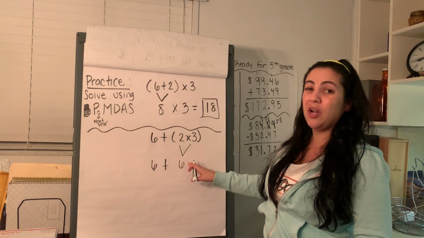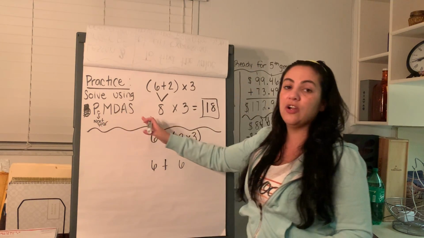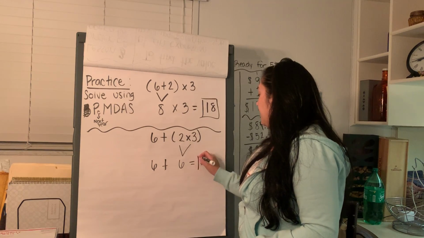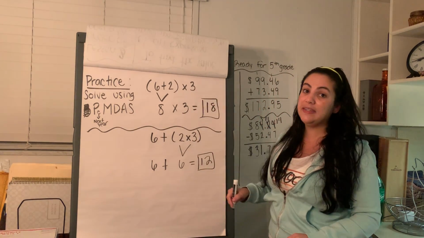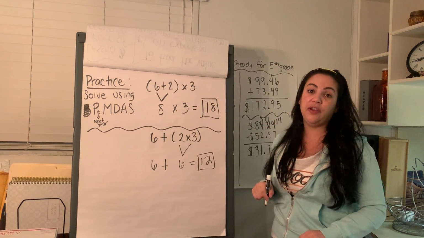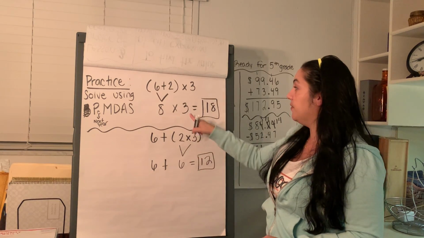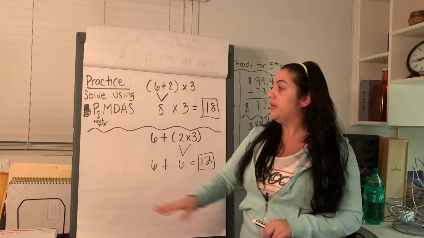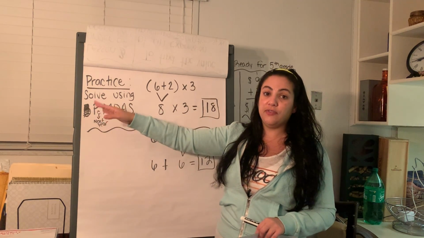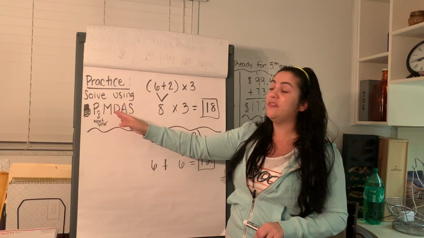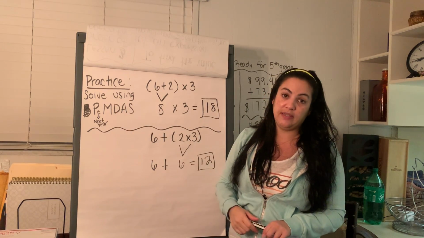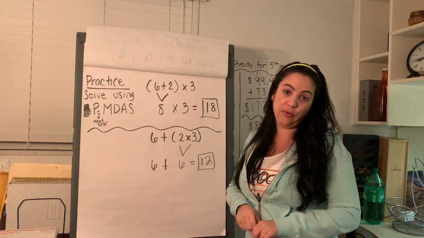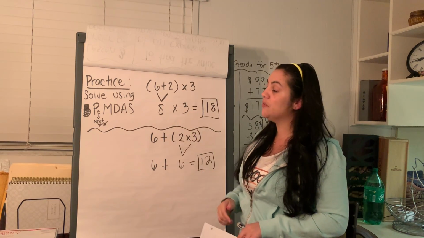Because I only have one operation left, I really don't have to look at the order. I already know what's next: 6 plus 6, and that gives me 12. Same set of numbers in both of the examples, but 2 very different calculations, because of the order that it was given to me in my equation. I need to make sure to follow PEMDAS: parentheses first, then you multiply, then you divide, add, and then subtract. Next year, you will learn how to include exponents. That's what the E stands for.